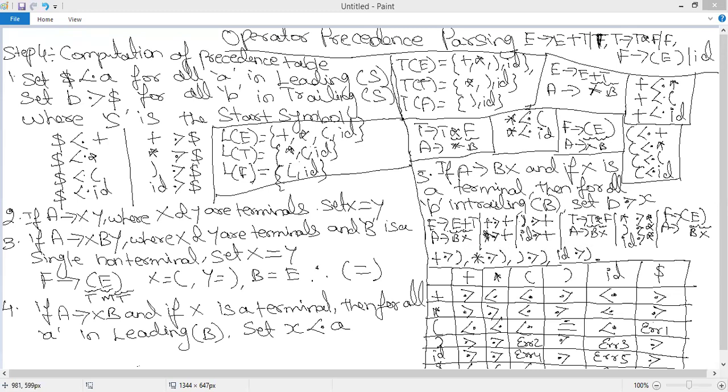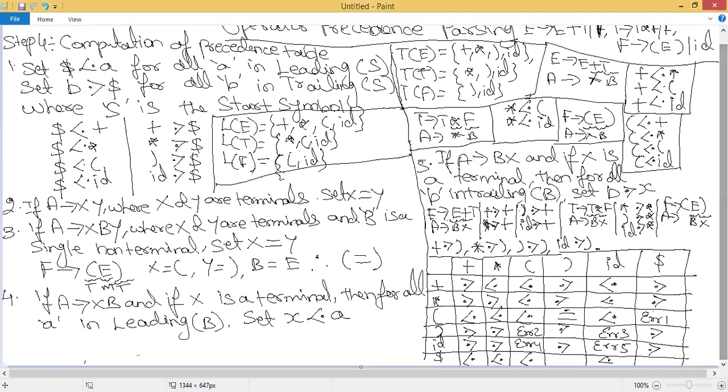So with the help of these points, we have now identified the precedence relationship for all our terminals. With these, we can draw the precedence relation table like this. Mention all the terminals in the row format as well as in the column format: plus, star, open parenthesis, close parenthesis, ID, dollar.